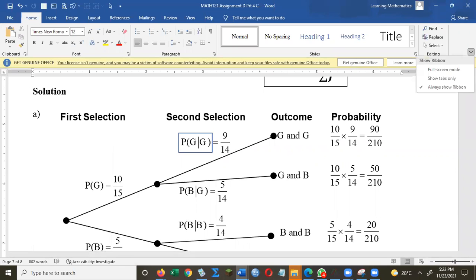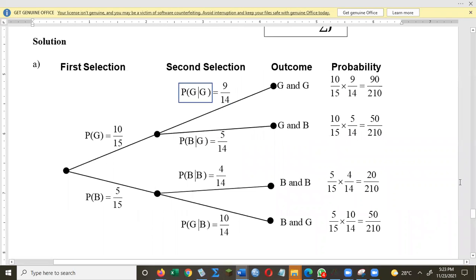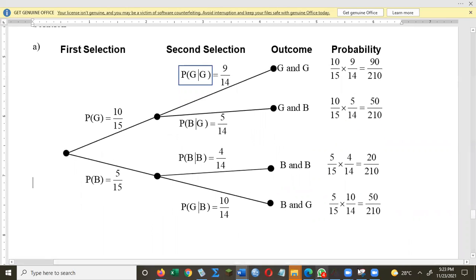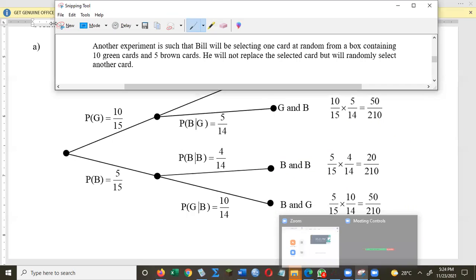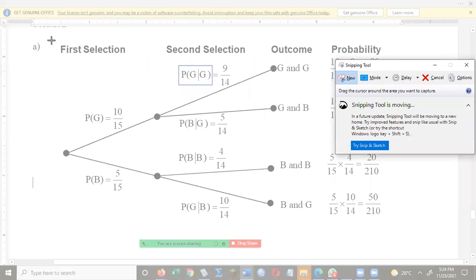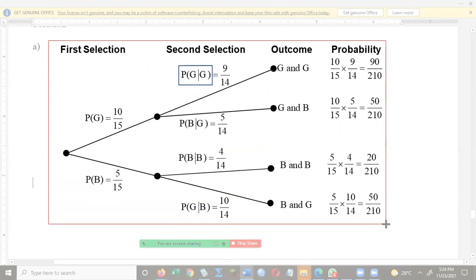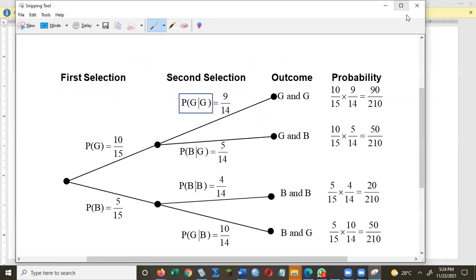Please use the outcomes, those numbers there, the outcome probabilities. I repeat, these are the numbers that you have to use to answer any follow-up questions.